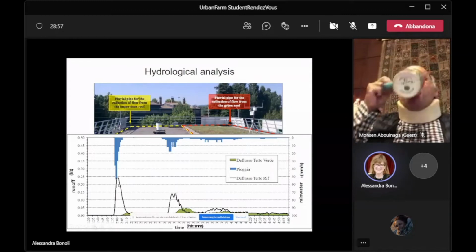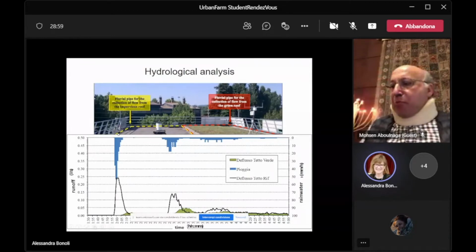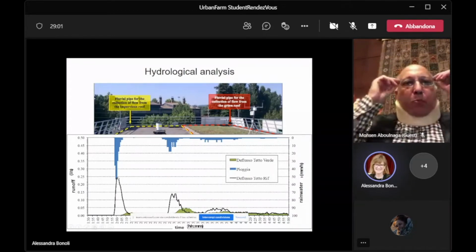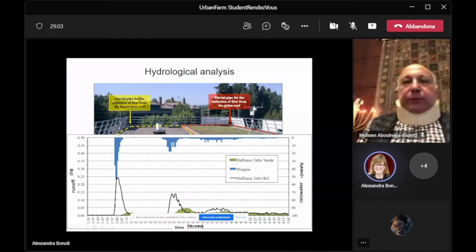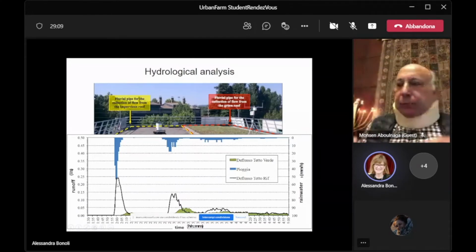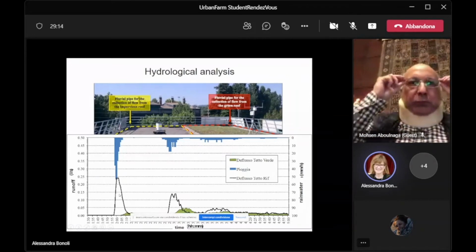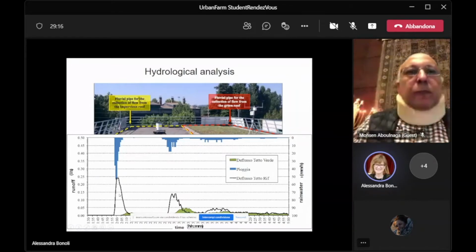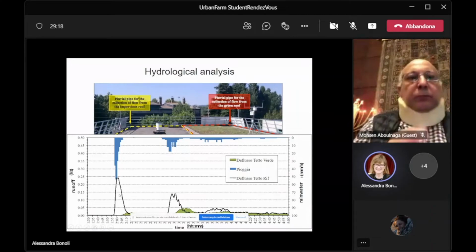In relation with a certain rainfall water event, you can see that immediately after the rainfall, the gray roof is responding with the same amount of water as surface runoff.